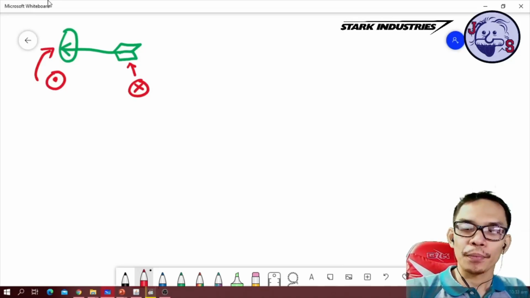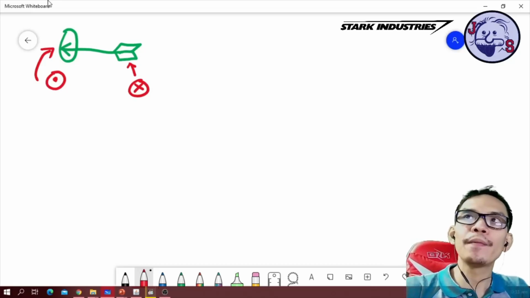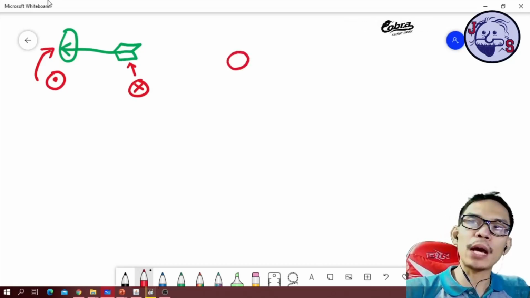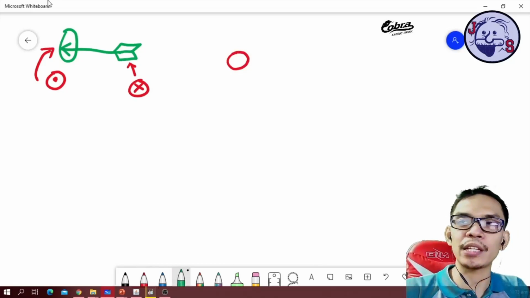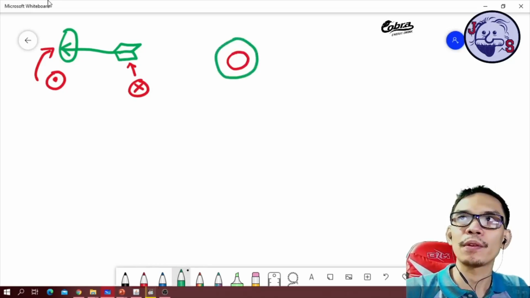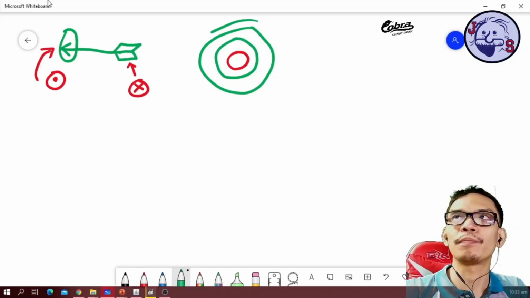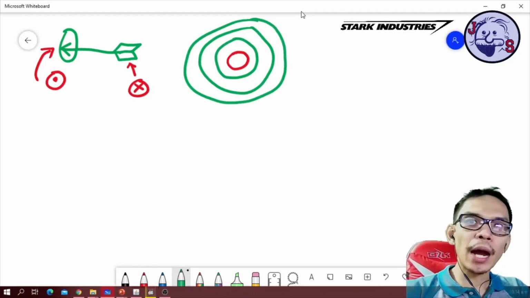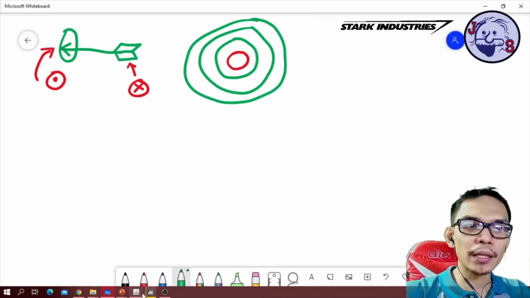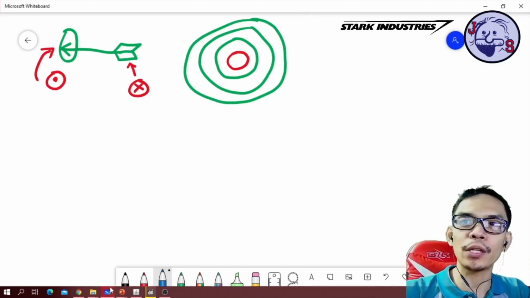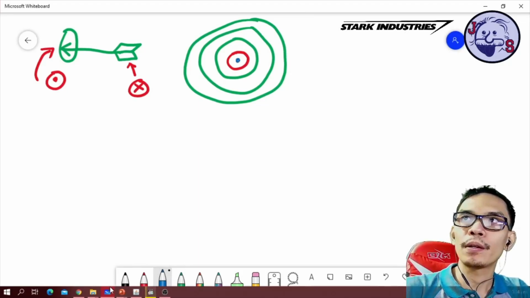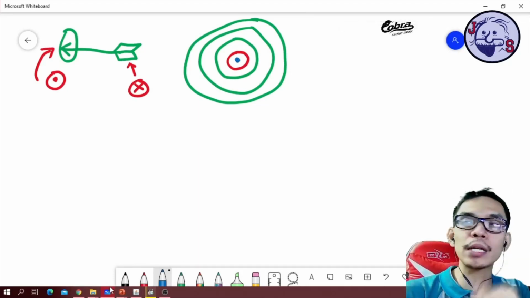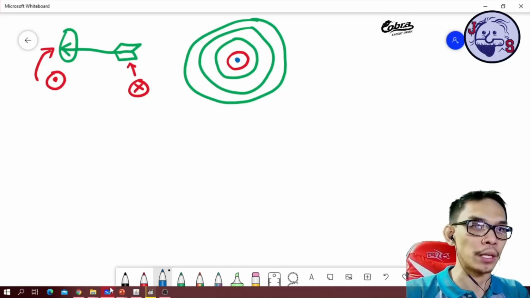Suppose you have a wire viewed in this direction, and it has a magnetic field around it, like the one that I have right here. Now, if the current inside the wire is moving in this direction, what is the direction of the magnetic field around it?